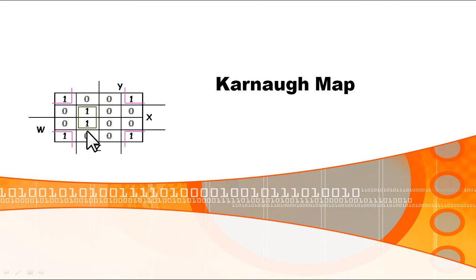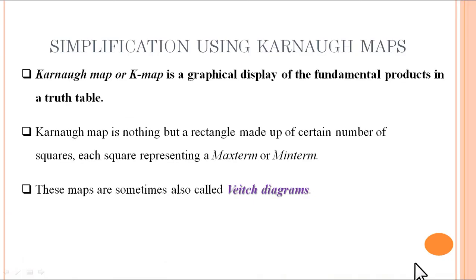In today's class we'll see the introduction and the general structure of the two variable K-map. K-maps are very important with respect to the final examination. Every year one SOP expression will be there for the solution. So we are into the simplification using the Karnaugh maps.